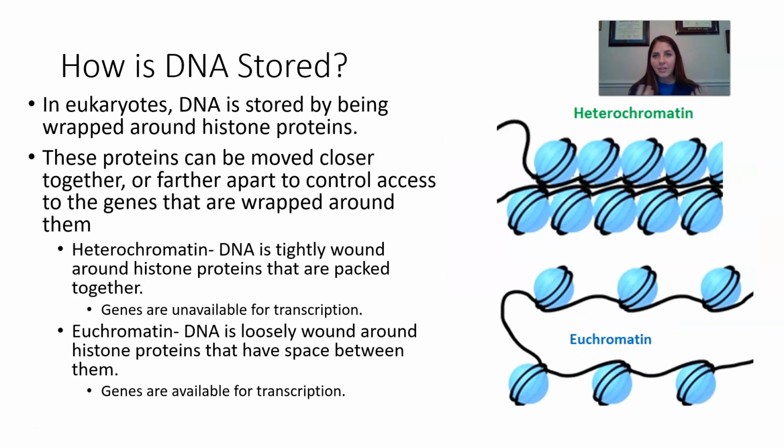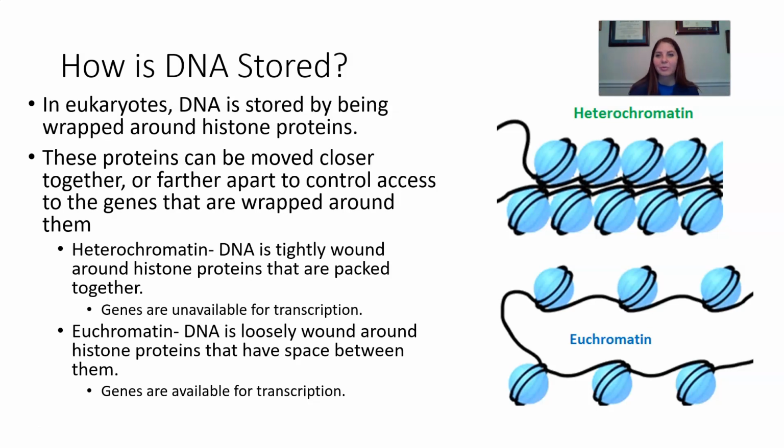In eukaryotes, DNA is stored by being wrapped around histone proteins. Depending on how loose or tight that is will regulate gene transcription. These proteins can either be moved closer together or further apart to control access to the genes that are wrapped around them, stored in DNA.